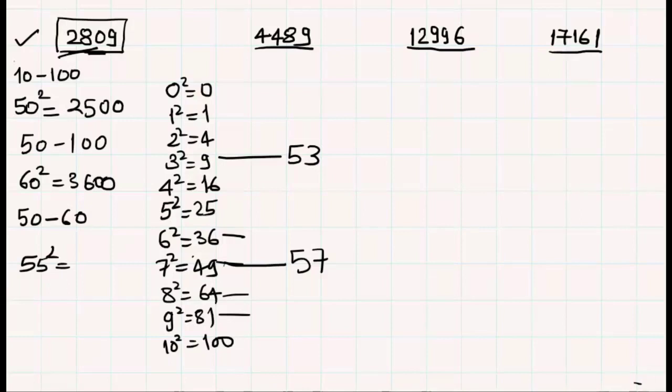And if we get to know what 55 squared is, if this number is greater than 55 squared, then our required square root is 57. And if it is less than 55 squared, then our required square root is 53.